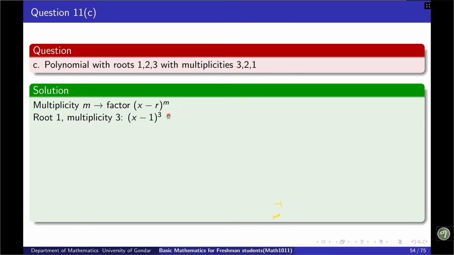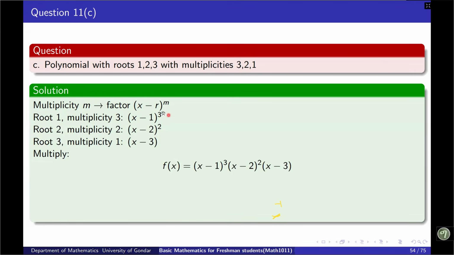Similarly, 2 is a root with multiplicity 2, so (x minus 2) to the power of 2 must be another factor. And lastly, 3 is a root with multiplicity 1, so (x minus 3) is a factor of the polynomial function.